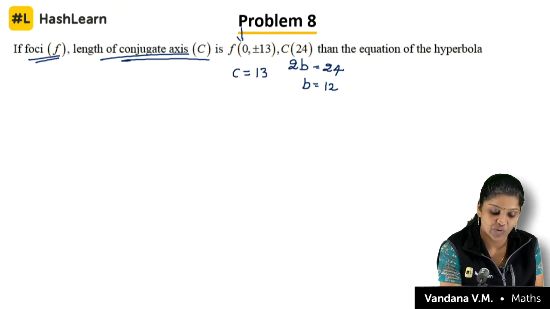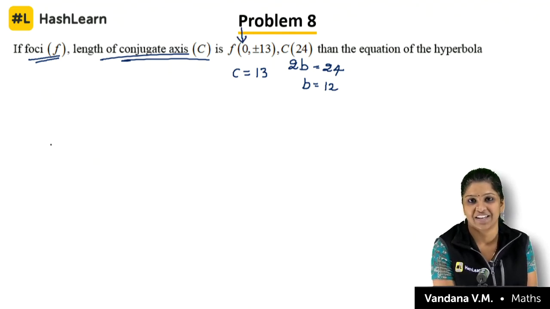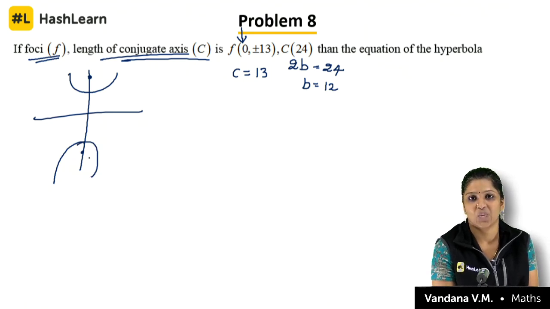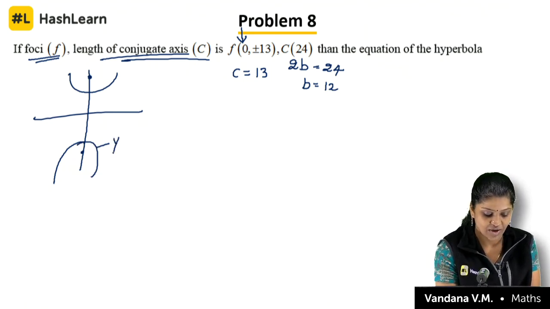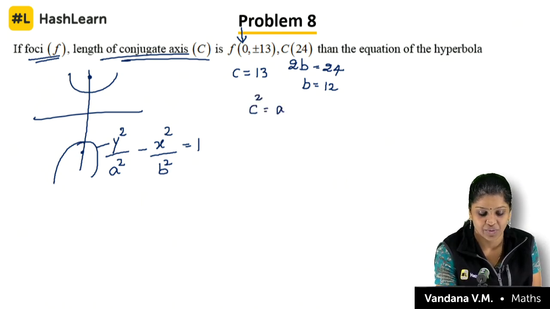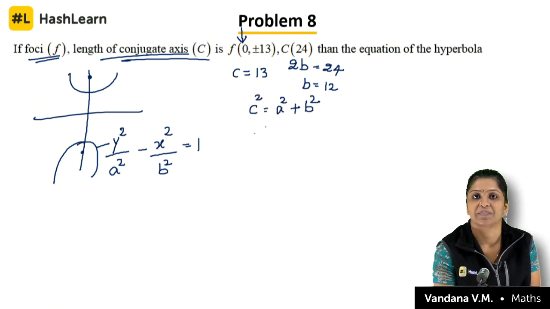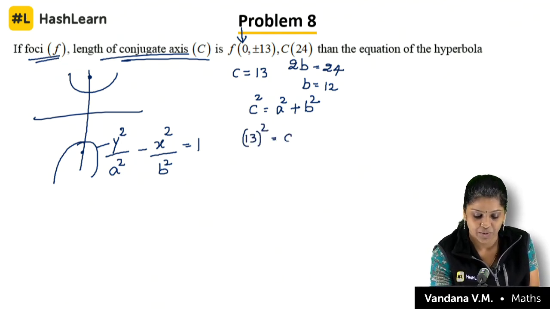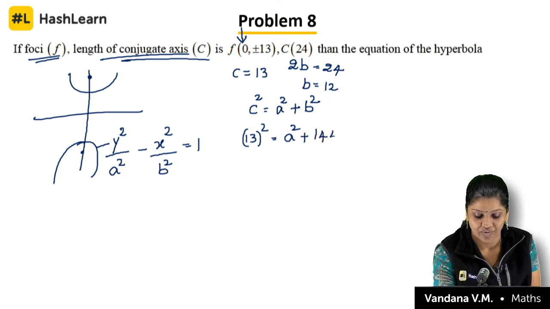Now, once again you observe here the x coordinate is 0. That means the foci is over here. So, foci is along the y-axis. So, what is the standard equation? Y square by a square minus x square by b square is equal to 1. Find out, very simple, right? The relationship c square is equal to a square plus b square. Substitute the values. 13 square is equal to a square plus 144.